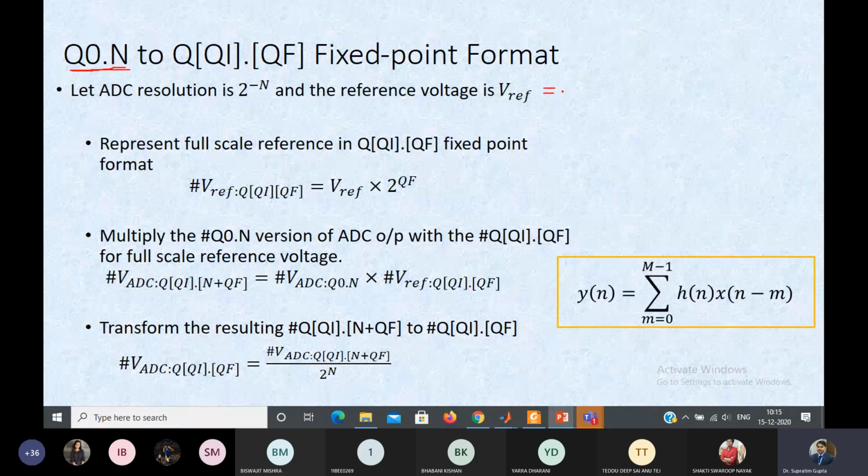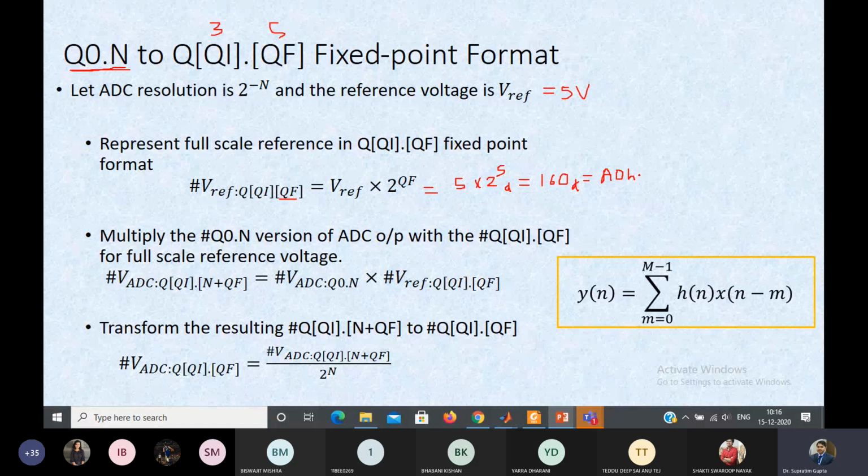Okay, so the V reference, say this is 5 volt, so we represent the 5 volt first in this form, which is the output of a computation. Okay, so we multiply this V reference with this QF factor. So say our QI is 3 and QF is 5. That means we'll multiply this 5 into 2 to the power 5. Okay, so all these are in decimal. So this is 32 into 5, 160 in decimal. If I convert it into hexadecimal, it will be A0 in hex.